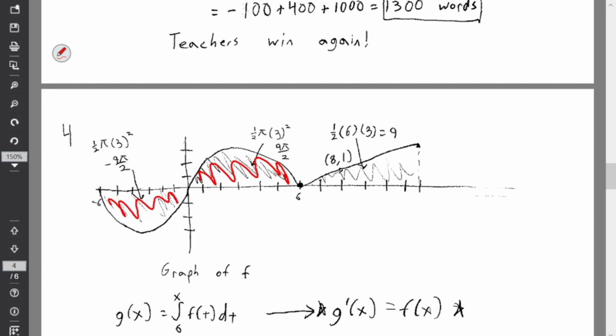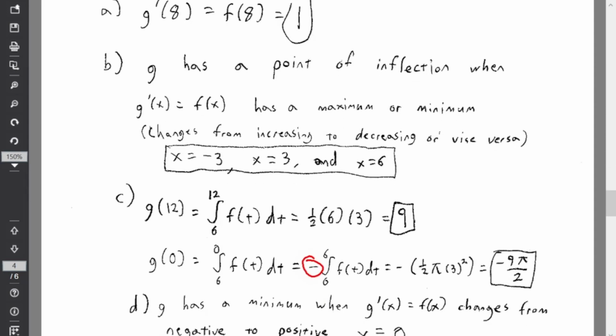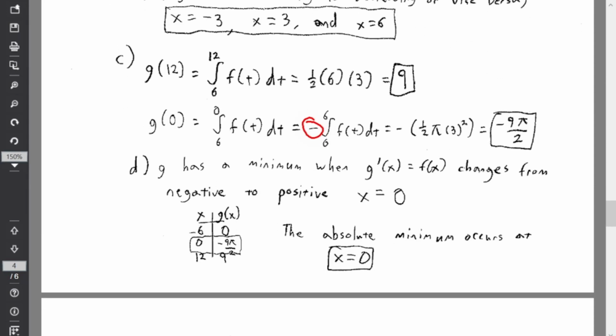Being positive and negative, they're going to cancel each other out. And so that leaves that integral to still be 0. So between these 3 candidates for the minimum, the smallest is indeed at 0, negative 9 pi over 2. So that is my absolute minimum over the interval.